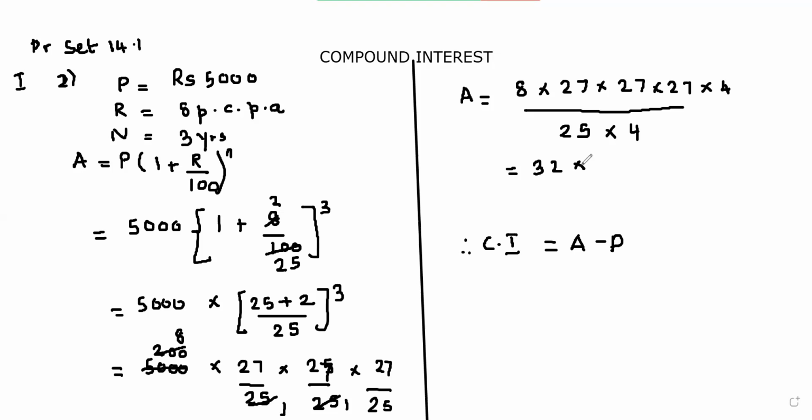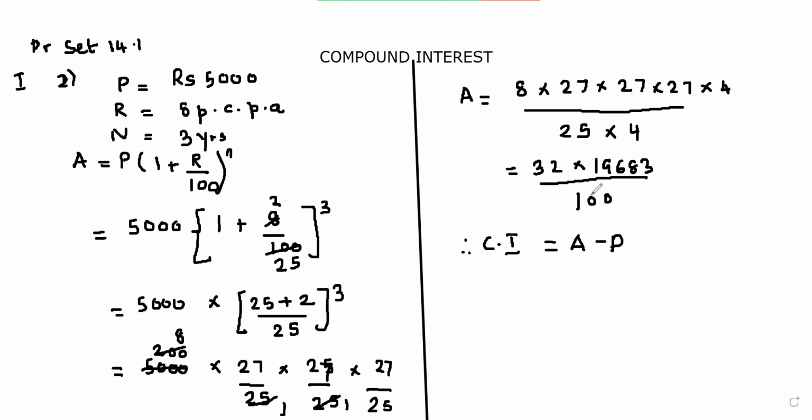I want you to multiply it. Give me the answer. Yeah, the answer is 19683 upon 100. When I have upon 100, it's easier to cancel. That is why I multiplied it by 4.